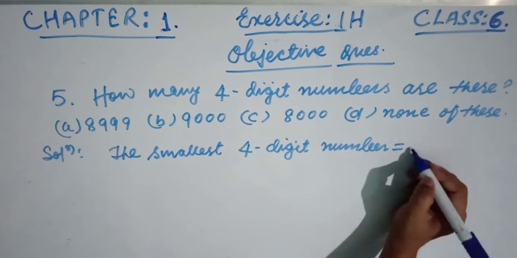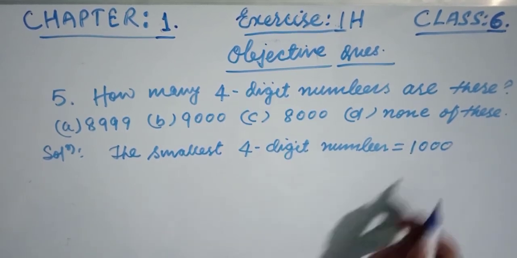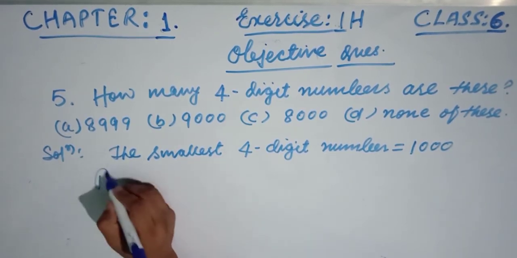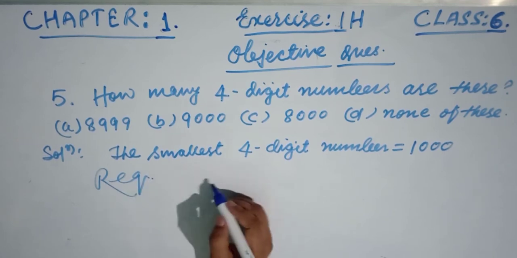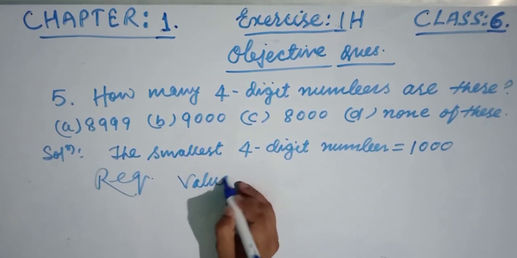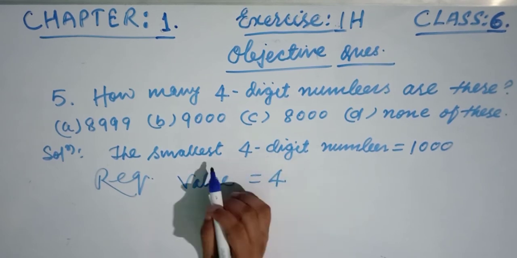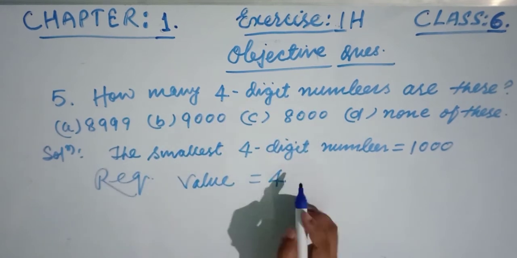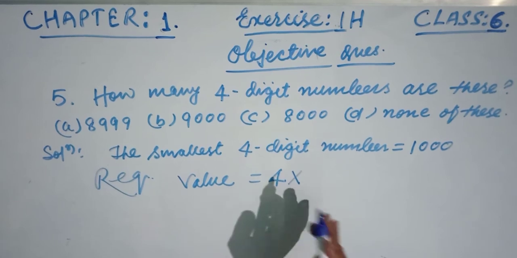So the smallest 4-digit number, friends, this is 1000. 1, then 3 times 0. Now the required answer, friends, required value or answer is equal to, then multiply 4, because we have to find the 4-digit numbers. How many 4-digit numbers, means we have to multiply with the smallest 4-digit number.